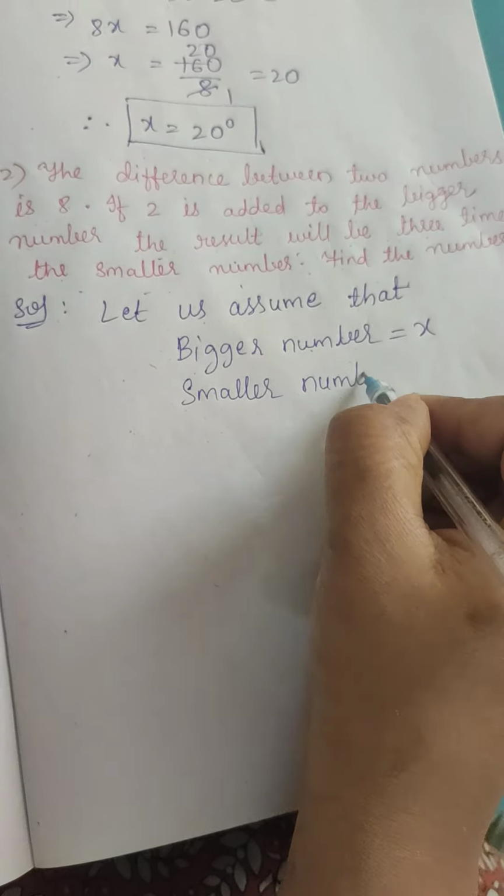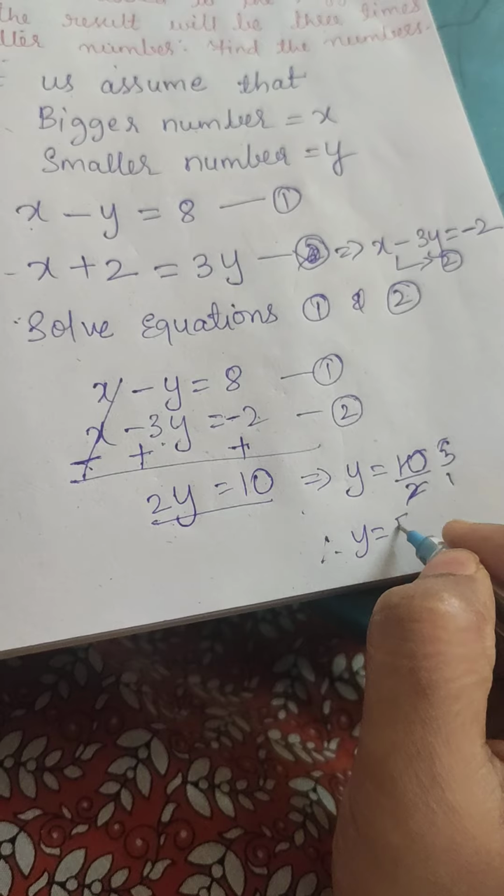Next, here plus 3y minus y, 3 minus 1 becomes 2y, and 8 plus 2 becomes 10. This implies y is equal to 10 and 2 comes to the denominator. 2 5s are 10. Therefore, y is equal to 5.